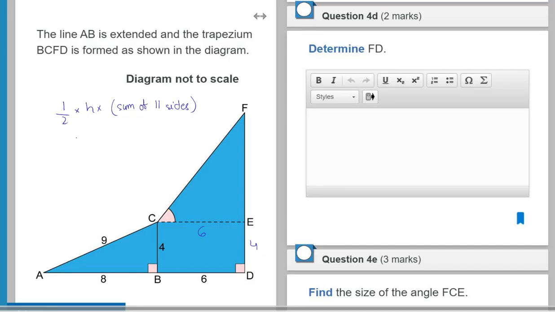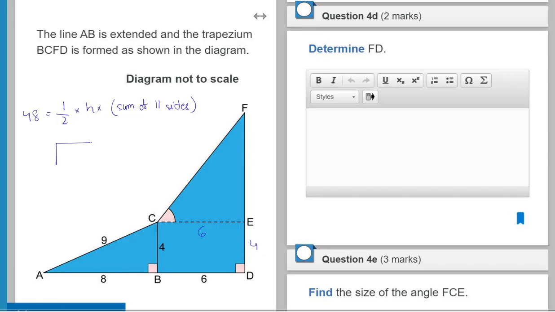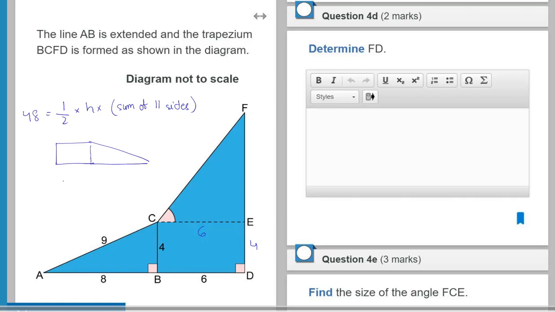And all of this equals 48. Height is going to be 6, because imagine this trapezium put down in this way. Be careful, don't consider the height as 4.